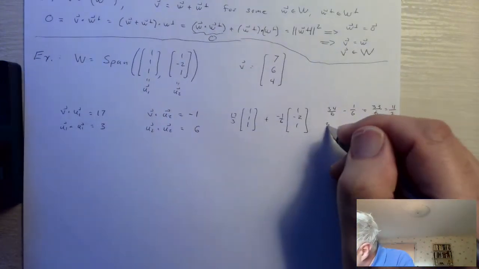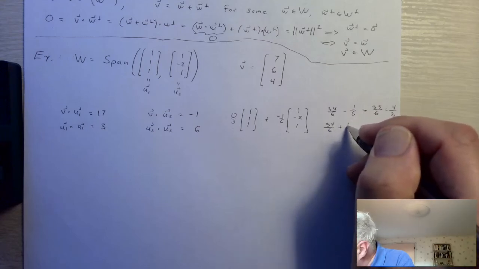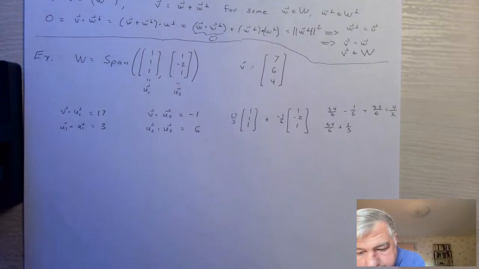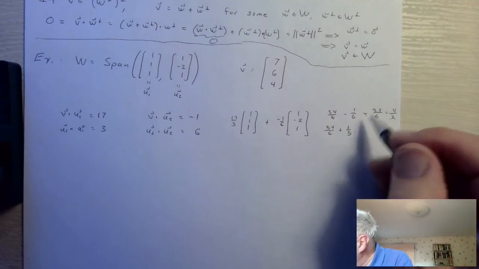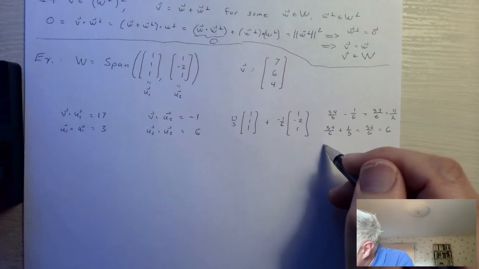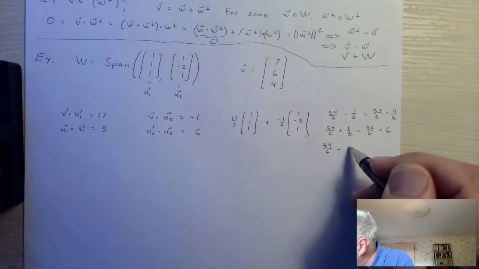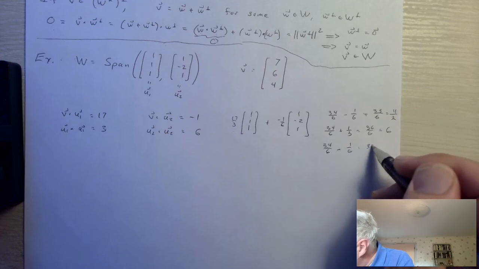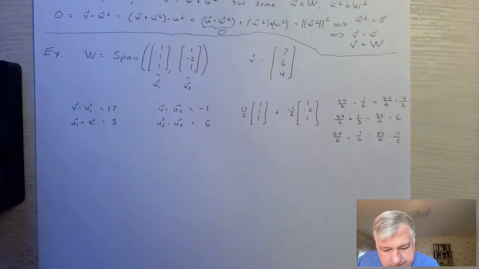Then we take 34/6 plus 1/3, which is 2/6, so this is going to be 36/6, or just 6. And then we have 34/6 minus 1/6, which again is 33/6, which is again 11 halves.